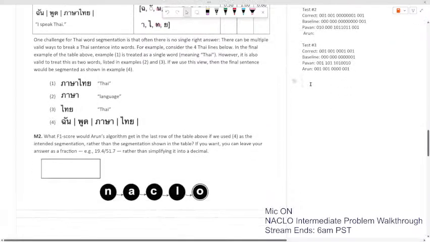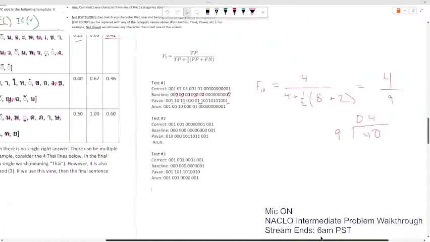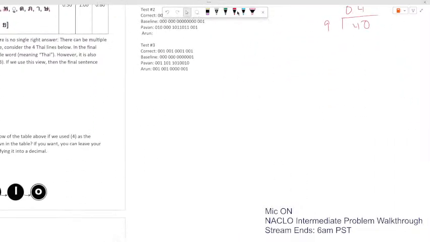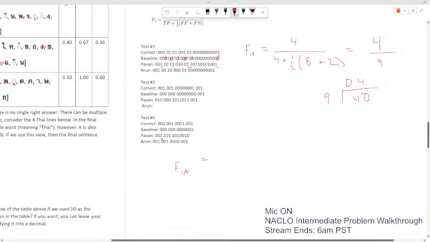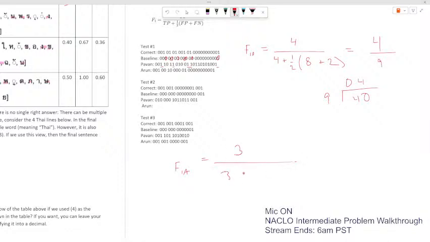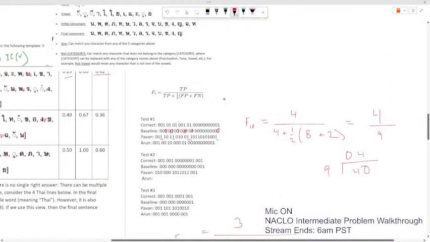Yeah, so the F1 score for Arun here, F1, not FC, would be true positives 1, 2, 3. Oh man, that doesn't even look like a 3. 3 over 3 plus 1/2 times FP plus FN.